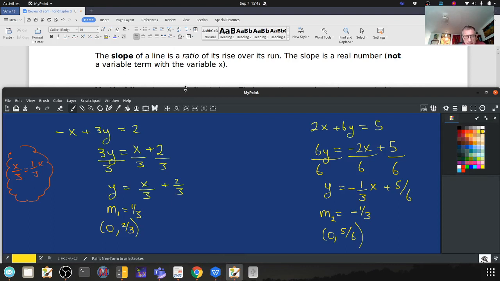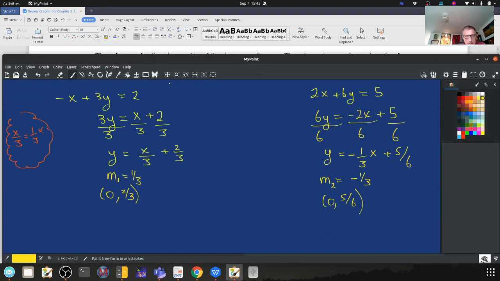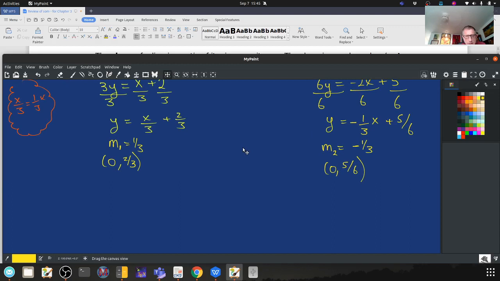Sometimes I will actually give the definition of that. Anyway, I won't give it to you. So look, their slopes are not the same. So the slopes are not equal, so they cannot be parallel.